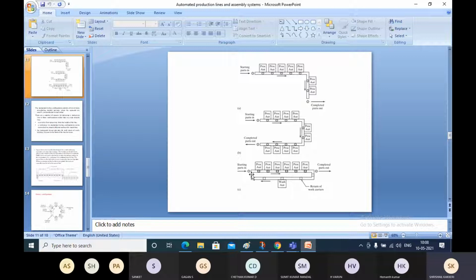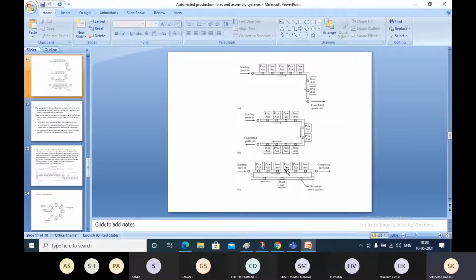And these conveyors, what happens, these are the work carriers, and you can see these rectangular blocks show work carriers. These work carriers will be designed specifically to hold the finished and unfinished work parts. For example, there is an engine, the main base part, the engine. On this main base part engine, we are going to do assembly of 10 assemblies.